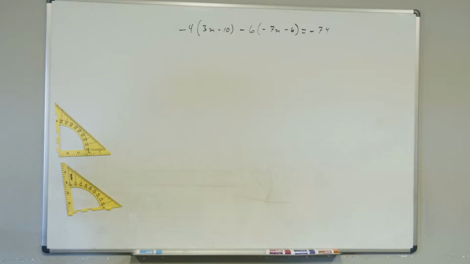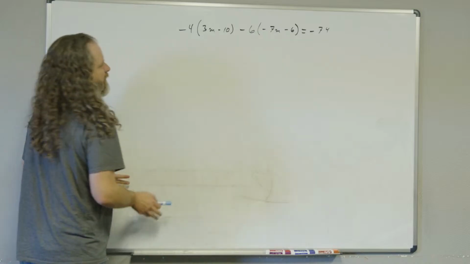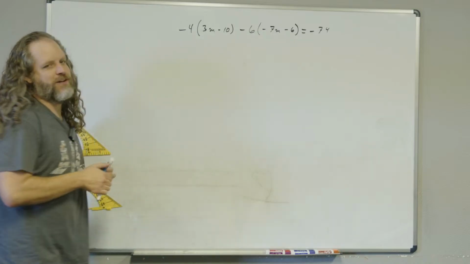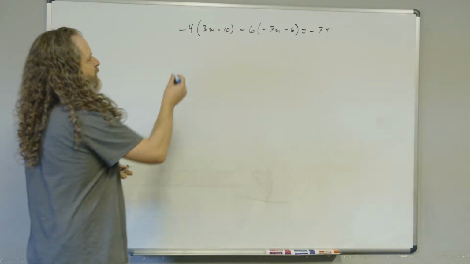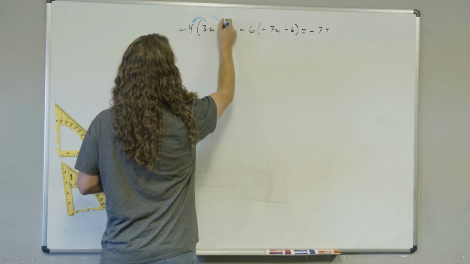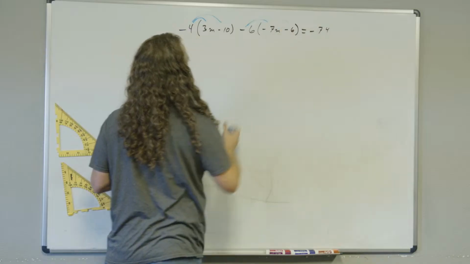All right, so we're supposed to solve for m. What should we do? Distribute the -4 and -6. Sounds great. Being careful with your negatives. You got to watch your negatives because the negatives are going to explode your life if you're not careful on this problem. There's all kinds of scary negative things that could accidentally ruin everything.